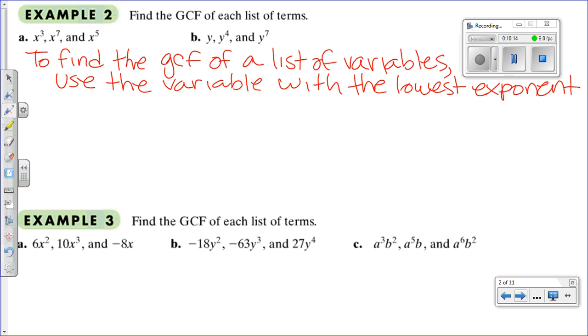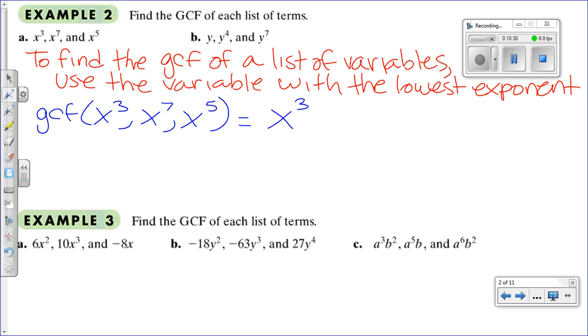So we have the GCF of the variables x cubed, x to the power 7, and x to the power 5. So which one will be the lowest exponent there? 3. So then we will say the GCF is x cubed.